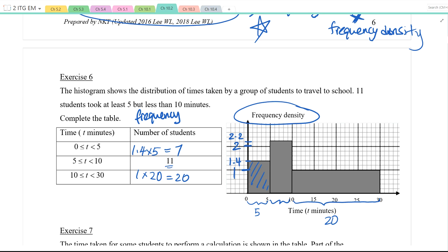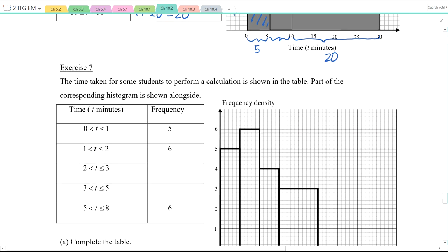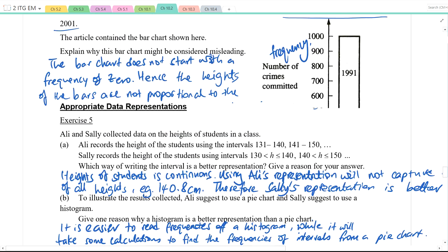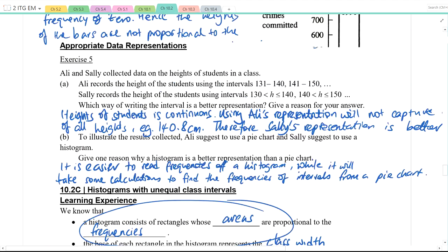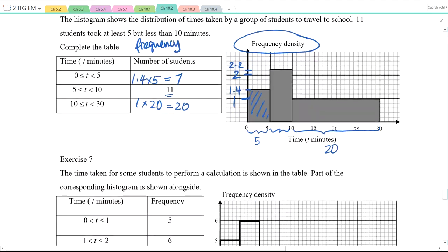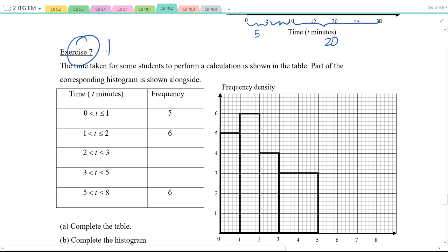Okay, so we have covered almost the whole of this set of notes. Your homework will be exercise number 3, due on 18 Jan during lesson. Okay, so that is the first one, and we've also got exercise 7, homework due 18 Jan on Friday.